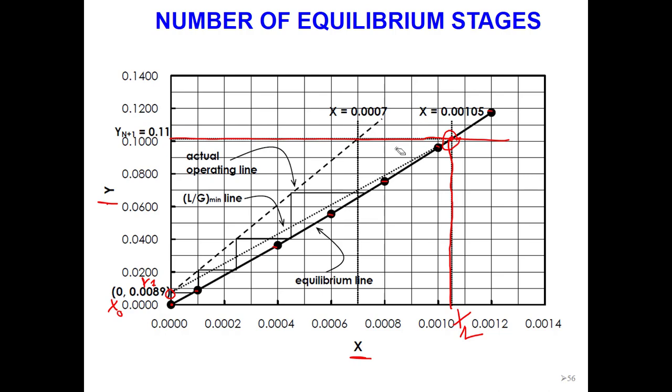So I have this y, I need to read this xn. If you read it, you will get this value, 0.00105. So now you have 2 points.